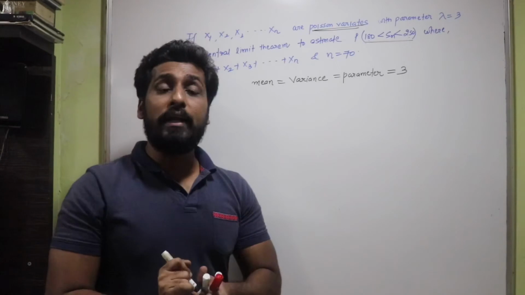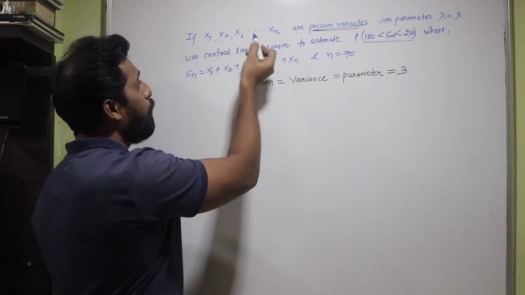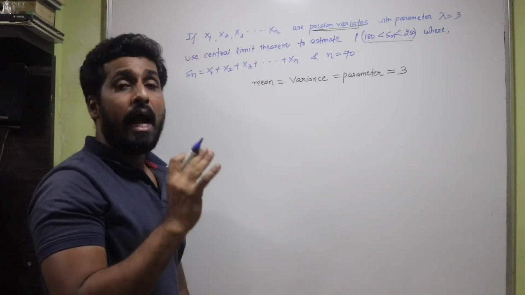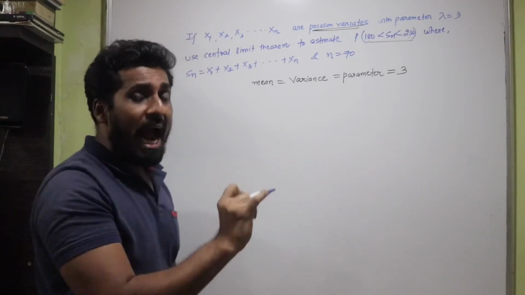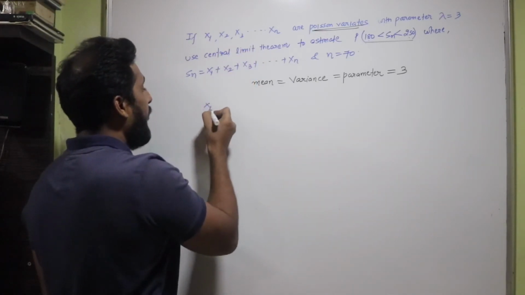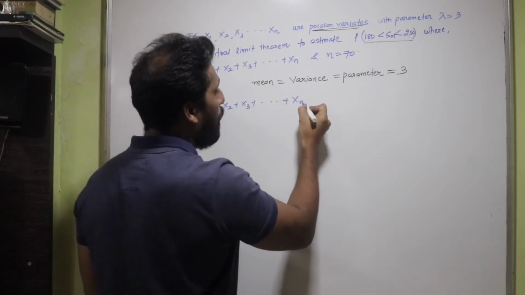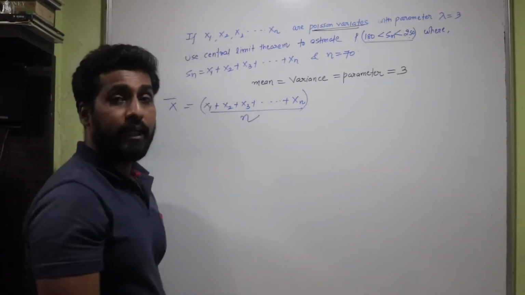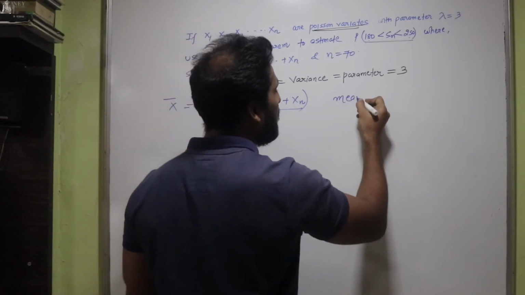So the Lindeberg-Levy theorem tells us that if x1, x2, x3 and so on are variates given to us, and they are independent and identical variates, then I can say x1 plus x2 plus x3 and so on up to xn, divided by n, is x bar.